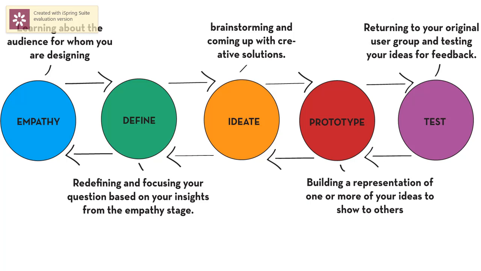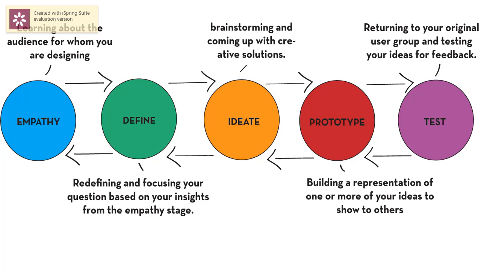During the empathy stage, you have to really meet up with the audience for whom you are going to design the instructional design or learning design materials, no matter whether it's a face-to-face training program or an e-learning program. Now, what you do next is you redefine and focus your questions based on your insights from the empathy stage. This is done during the define stage.